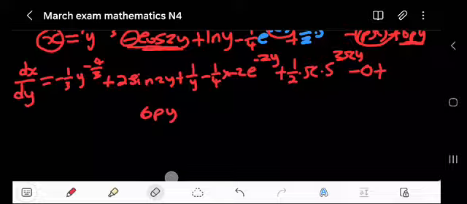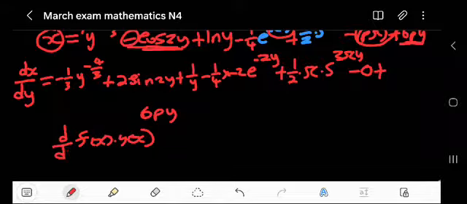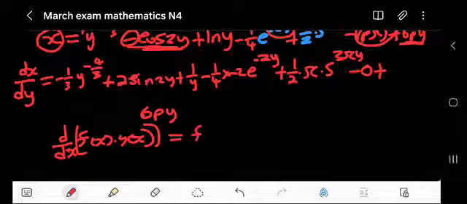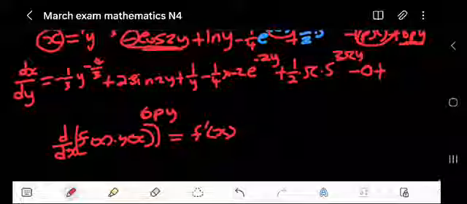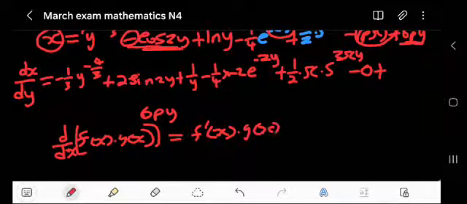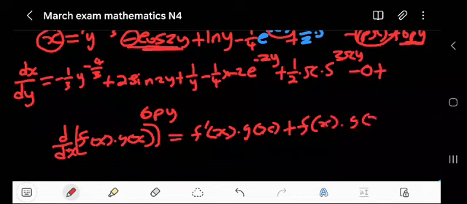If you have forgotten, it is there on your formula sheet. The product rule says if you have f of x multiplied by g of x, the derivative of this must be equal to f prime multiplied by g of x plus f of x multiplied by g prime.